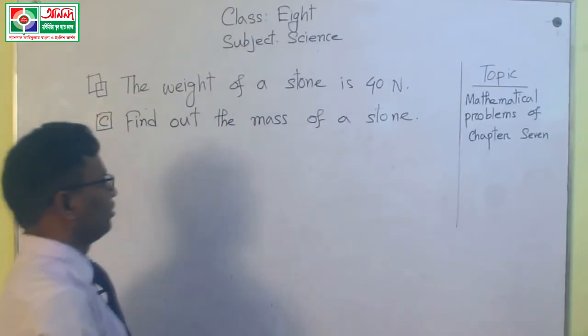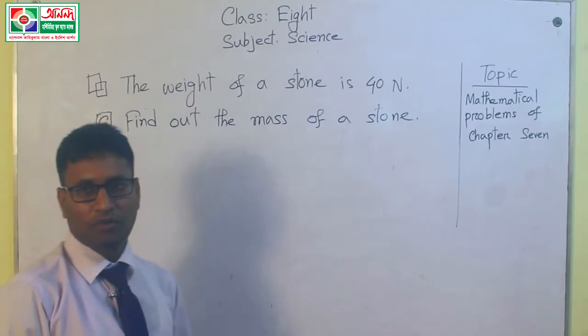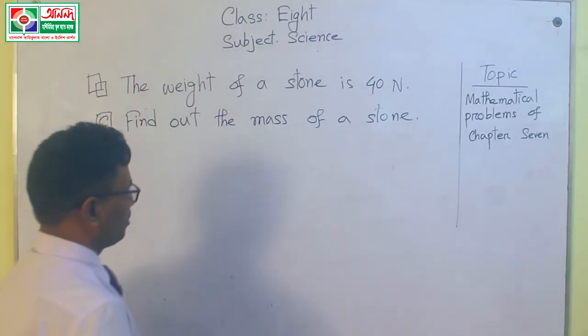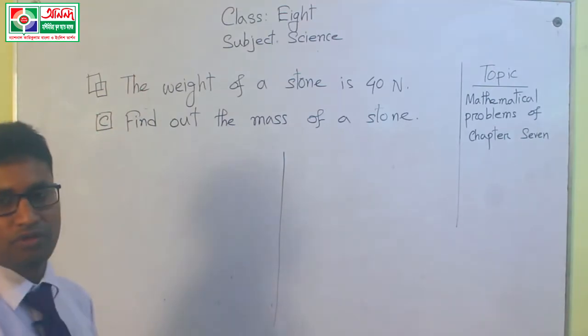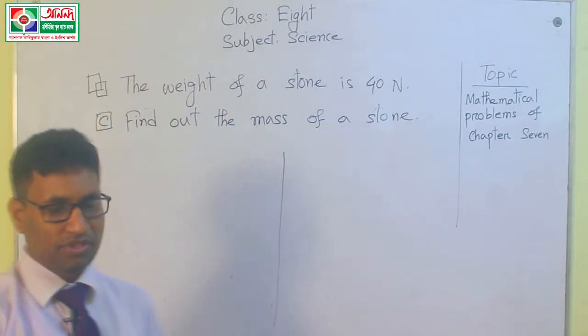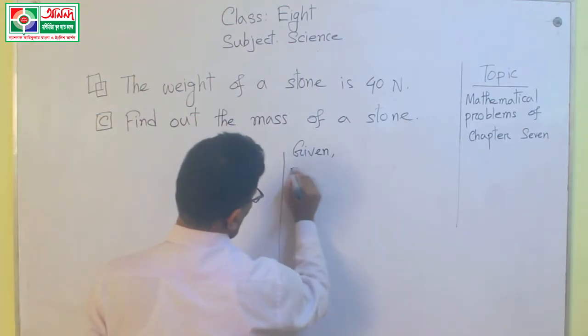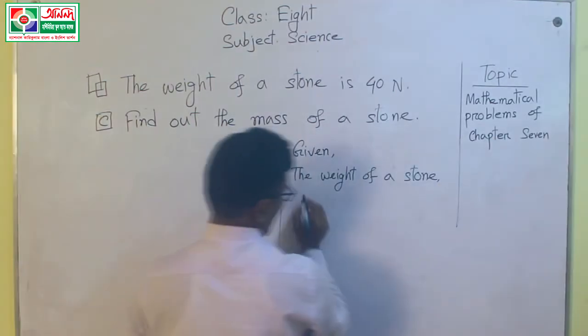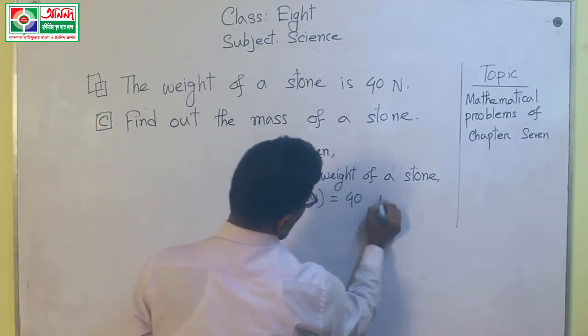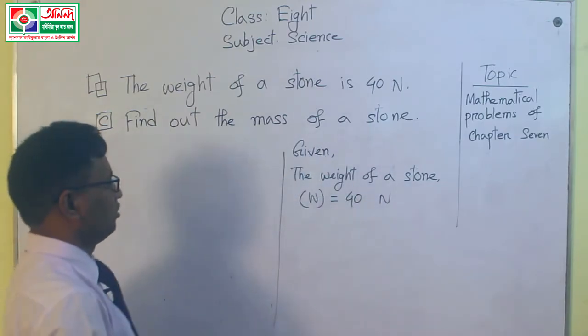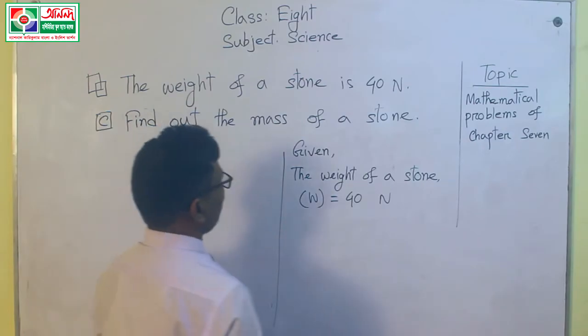This is another mathematical problem. Now at first we will find out some quantities from the statement. Given the weight of the stone, W equal 40 Newton, and we will calculate the mass of the stone.